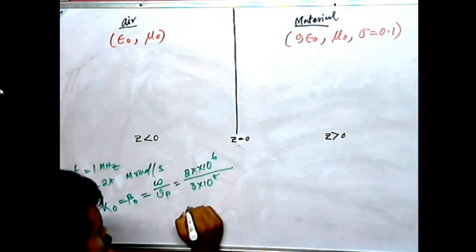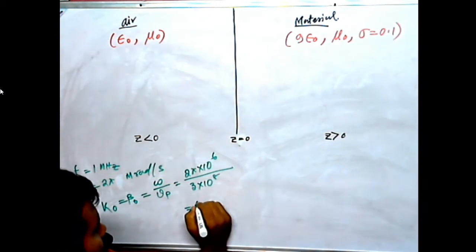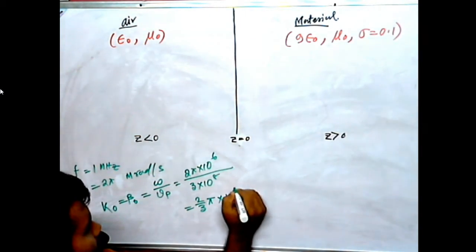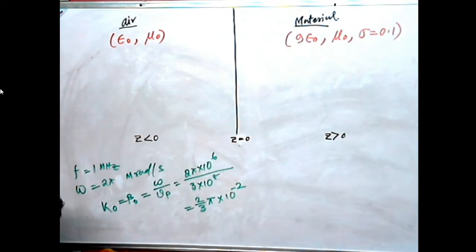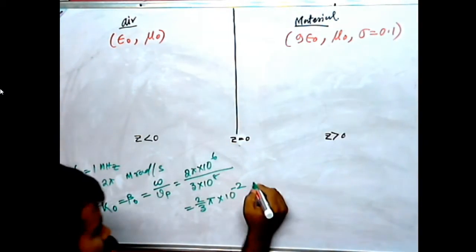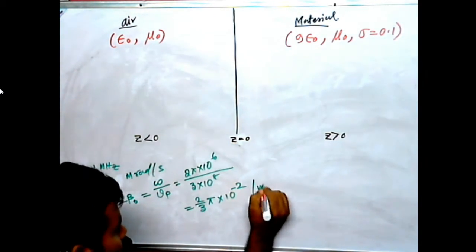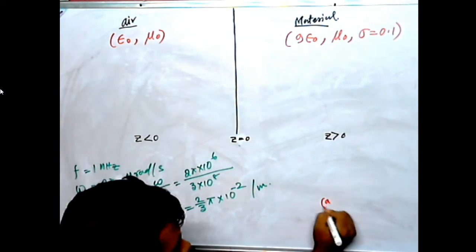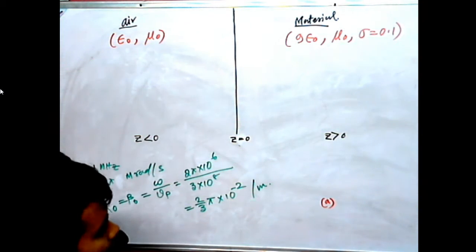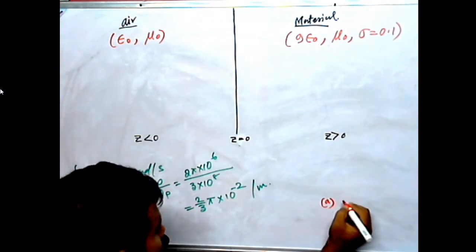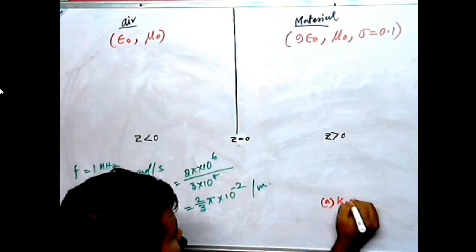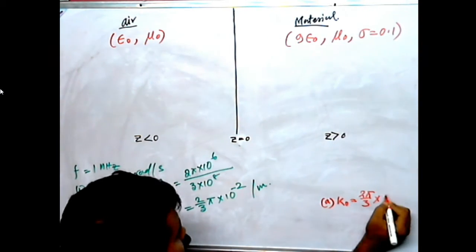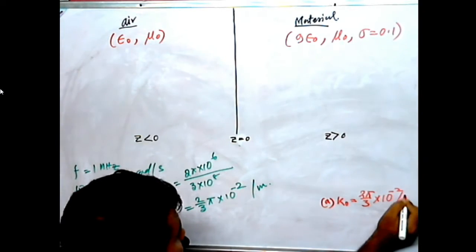So k0 is (2π/3) × 10^-2, that is the phase constant, and the unit is per meter. So for part A, k0 is 2π/3 × 10^-2 per meter.